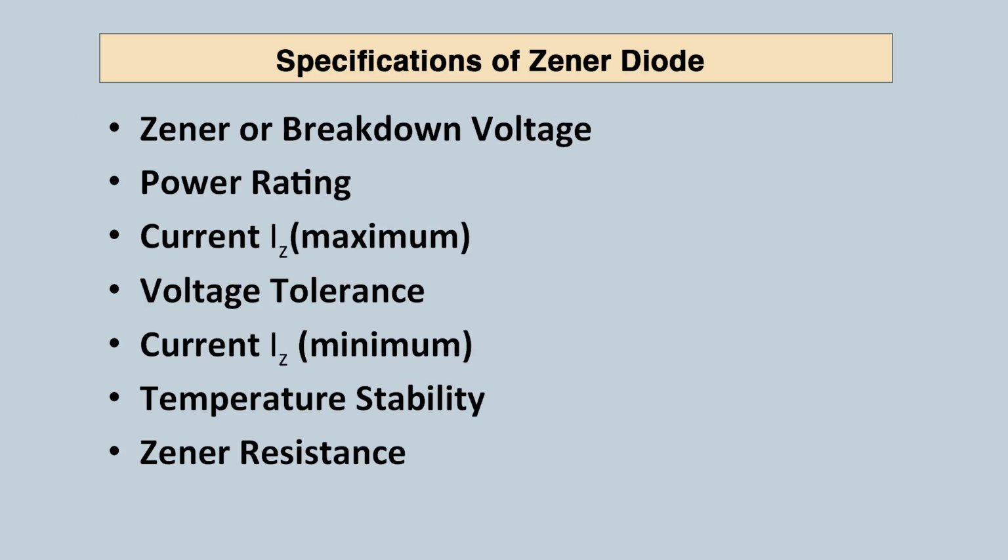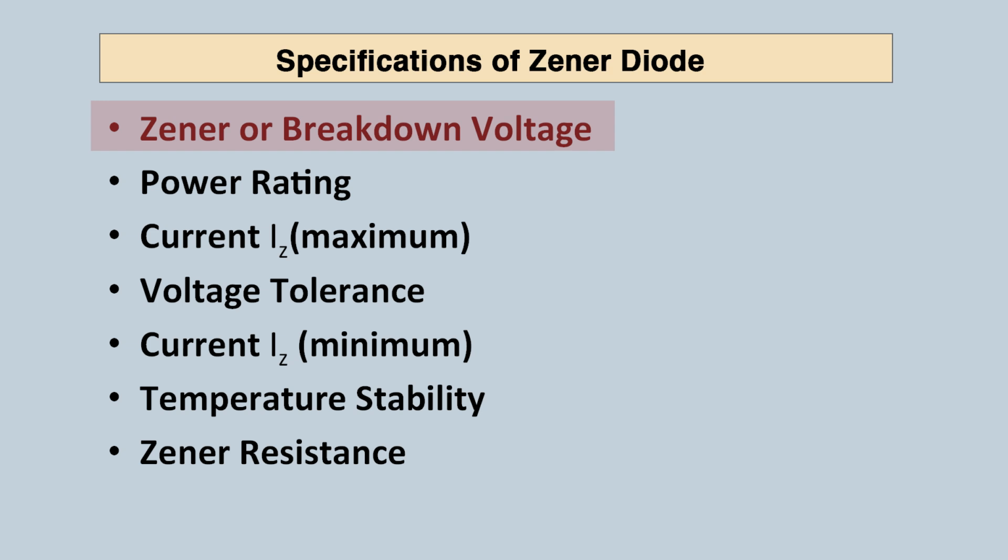Specifications of Zener diode. Now we are going to discuss the specifications of Zener diode. Zener diode has a Zener breakdown voltage. It is also known as Zener voltage or breakdown voltage. The Zener or the breakdown voltage varies from 2.4 volts to 200 volts.